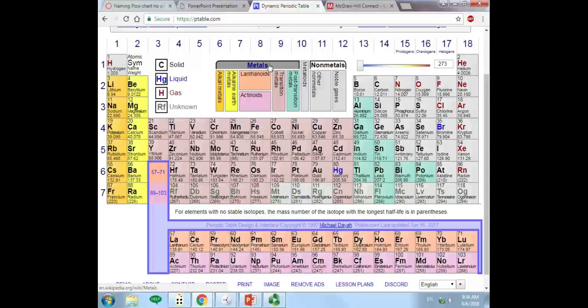If it starts with anyone to the left of that staircase of the metalloids, anything to the left and below, it's an ionic compound. Metals, for our class, form ionic compounds. They lose their electrons to form cations. And because they're positive, they partner with something negative. Okay, so that's my first question.